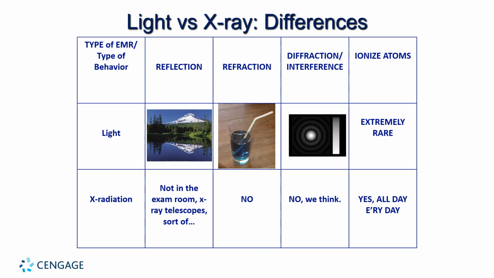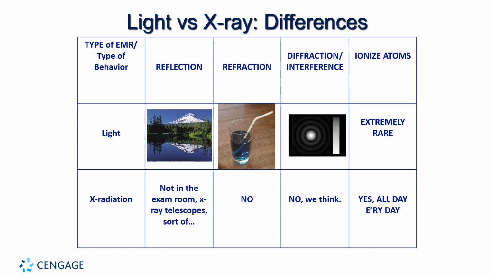Okay. Now, X-ray behaves quite a bit differently than light. First of all, we can't see X-rays. Okay. We can tell where they've been by photoelectric effect. When we see photoelectric effect and the evidence of photoelectric effect, then we know that X-rays have been there.